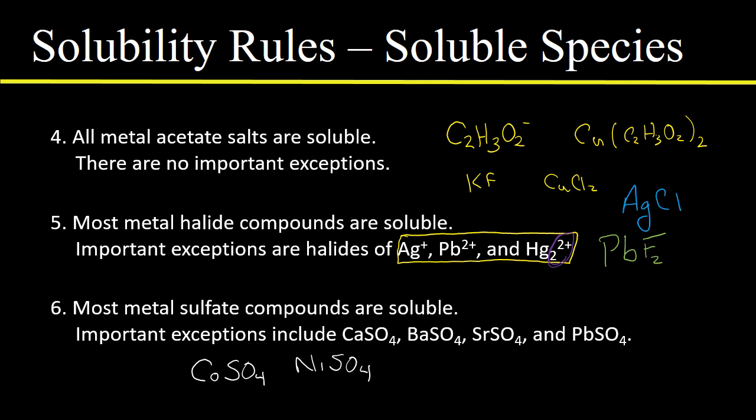The only exceptions are calcium, barium, strontium, and lead. Calcium, barium, and lead sulfate are pretty common. Strontium sulfate is something you're less likely to encounter, but those other 3 are fairly common compounds, so you should recognize those as being insoluble, with all the other sulfates being soluble. All right, now let's look at the rules for insoluble species.